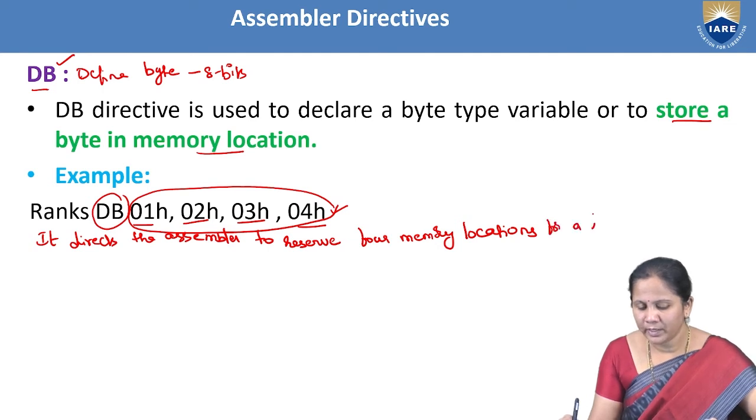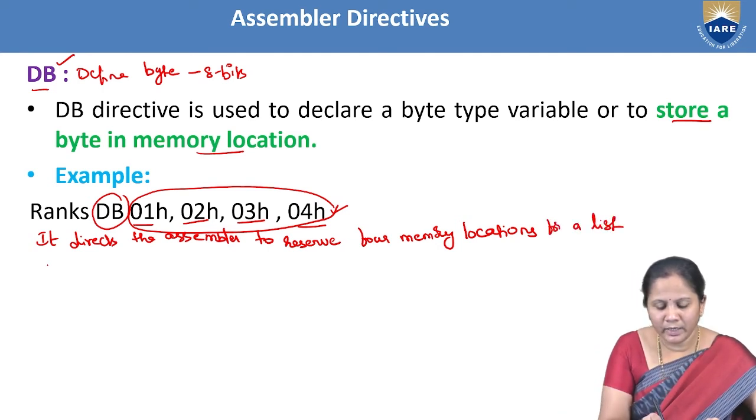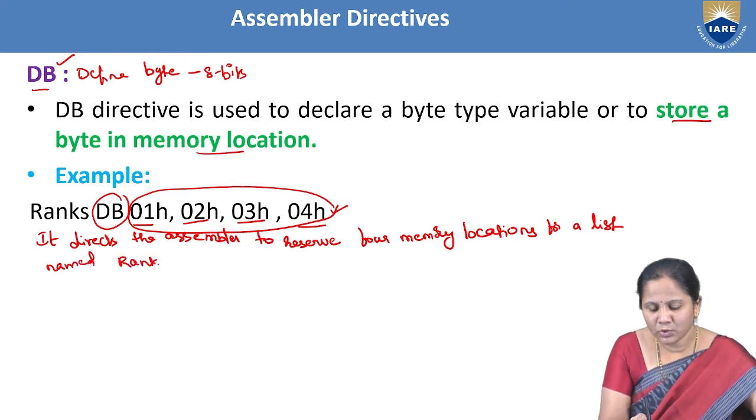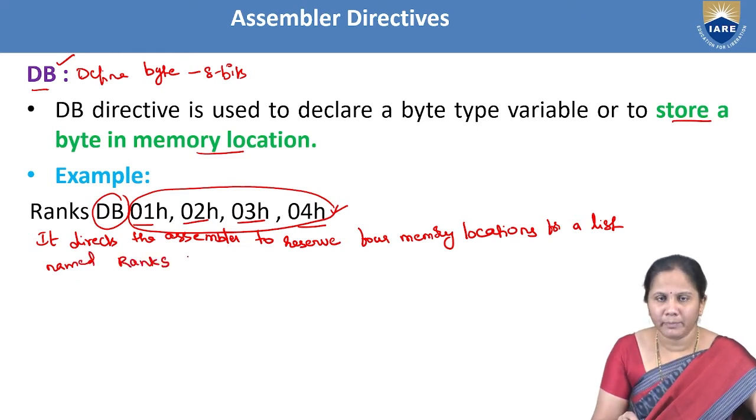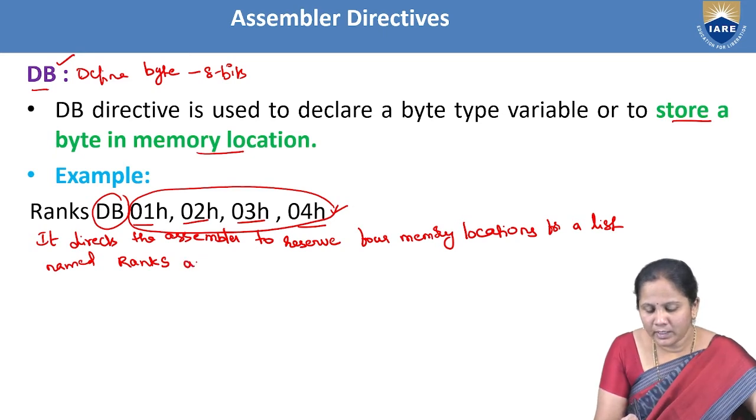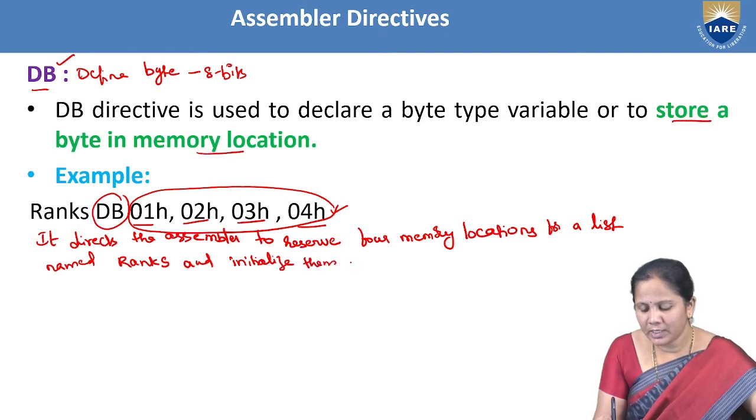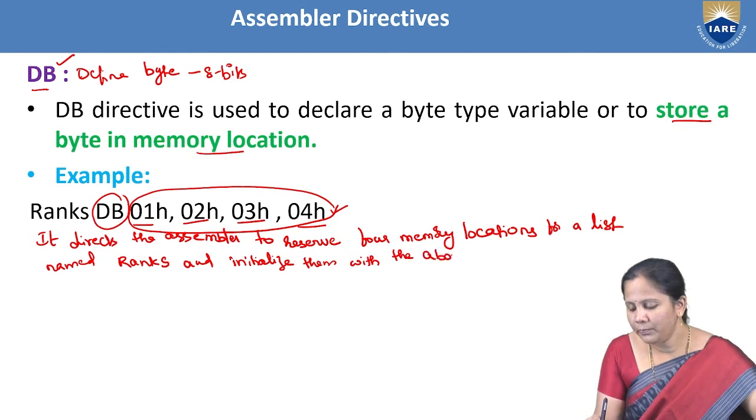So it directs the assembler to reserve 4 memory locations for a list named RANKS. Here RANKS is the name, and initialize them with the above specified 4 values.